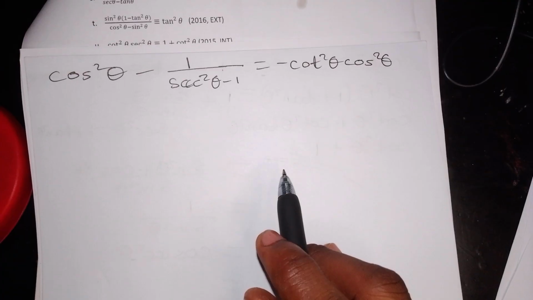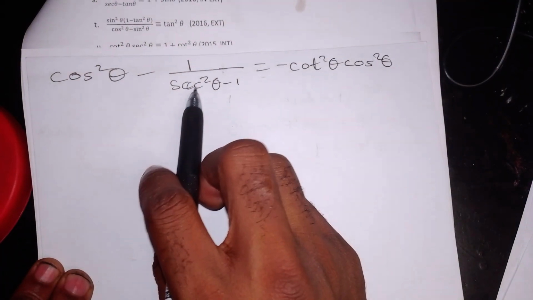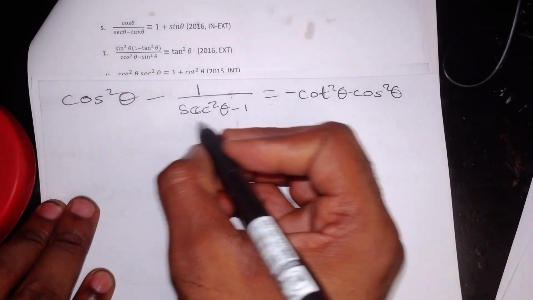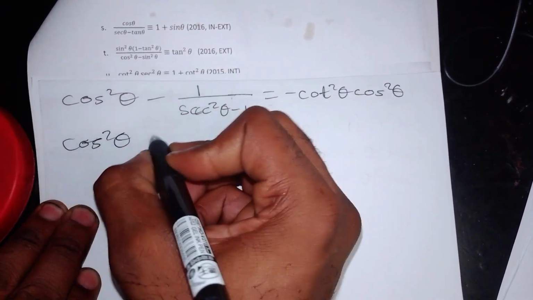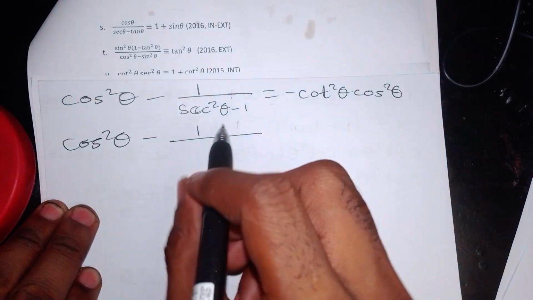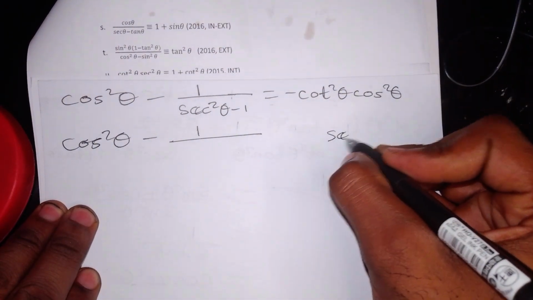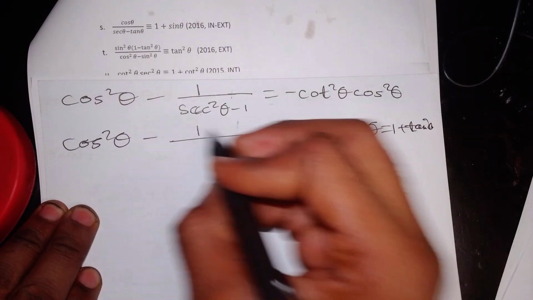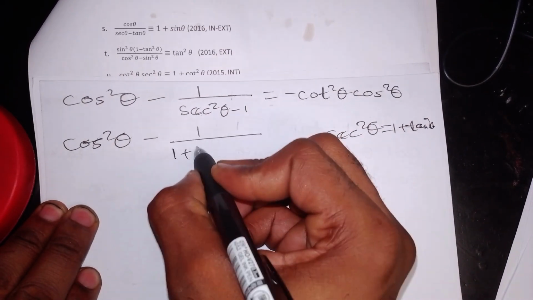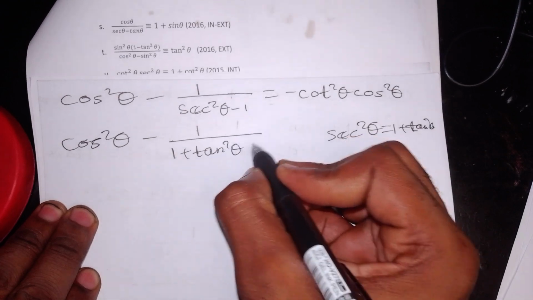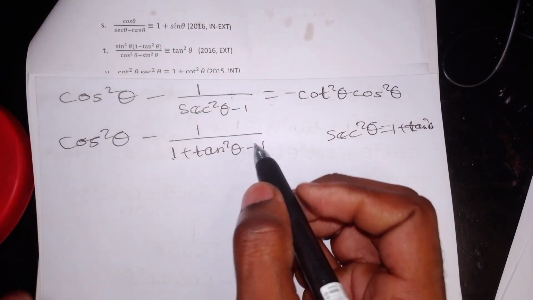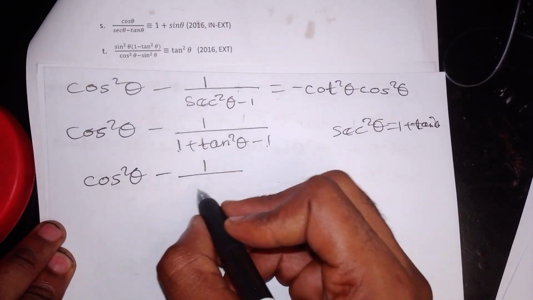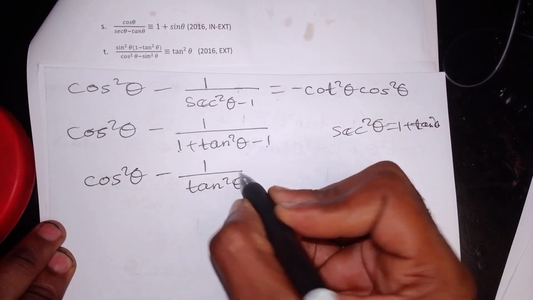Of course, we know that this is a tan, yeah, or maybe we can do this. We know that sec squared theta is 1 plus tan squared theta, so I can change this to 1 plus tan squared theta and then minus 1. This and this will subtract, so we have cos squared theta minus 1 over tan squared theta.